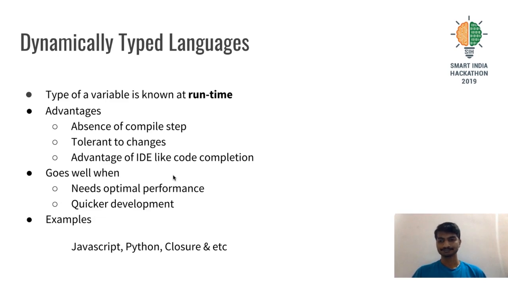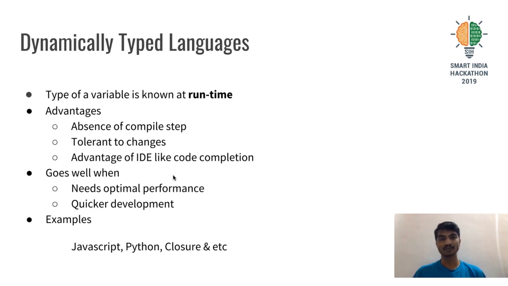And this goes well when you just need optimal performance, and you don't need to consider 99.99% of performance. At that time, I can just go with dynamically typed languages, which has another advantage in development time.